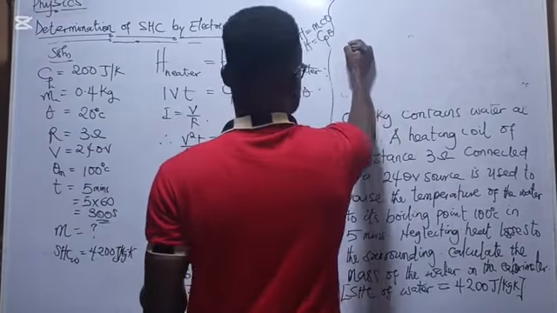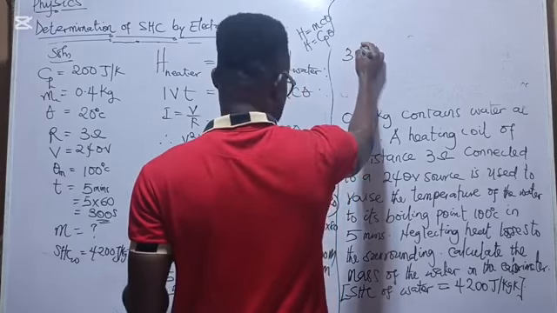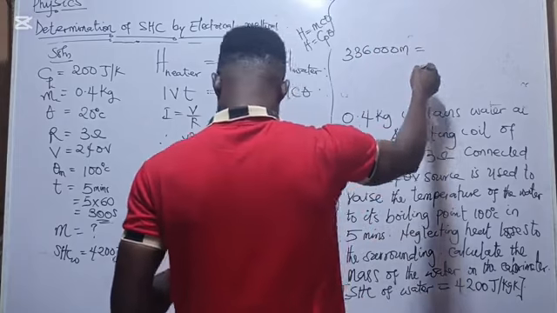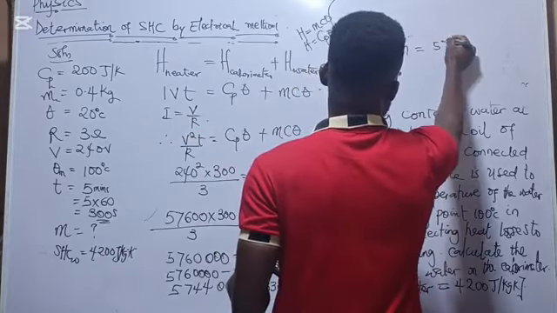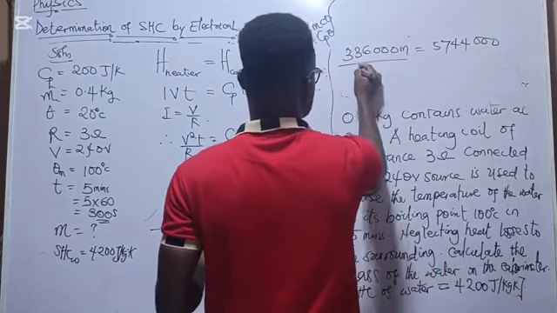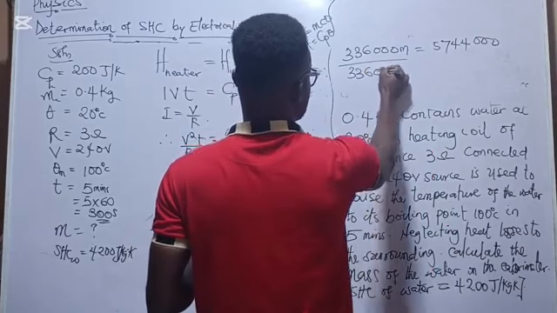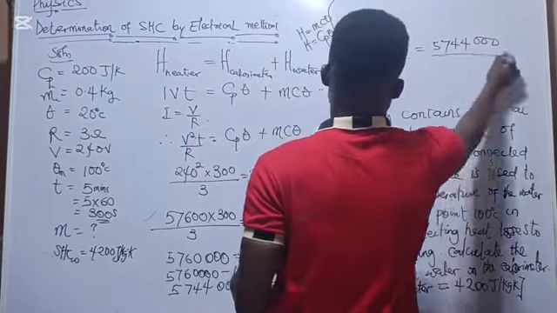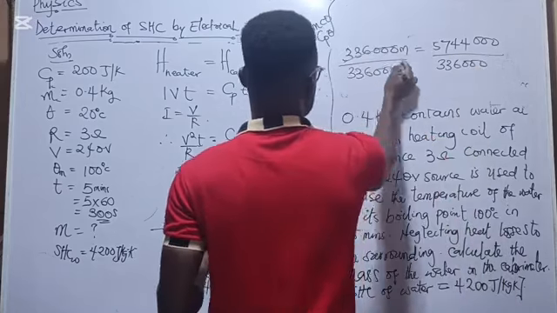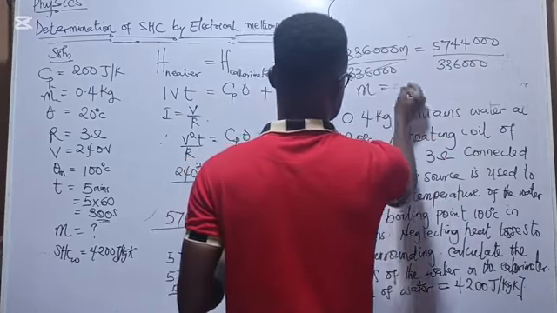So at this point, we have to make M the subject of the formula. We have 336,000 M equal to 5,744,000. Hence, we divide both sides by 336,000. This will cancel out, so we have the mass.